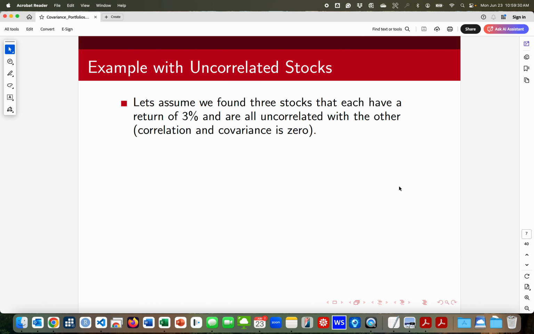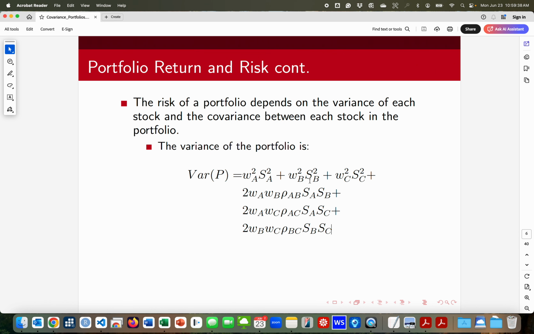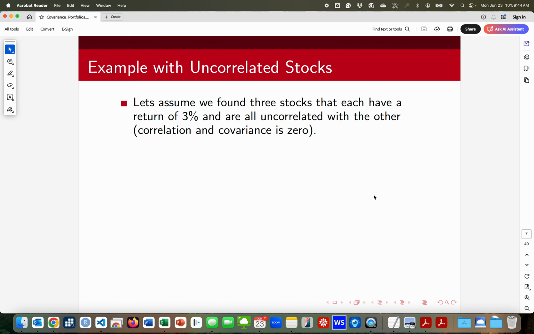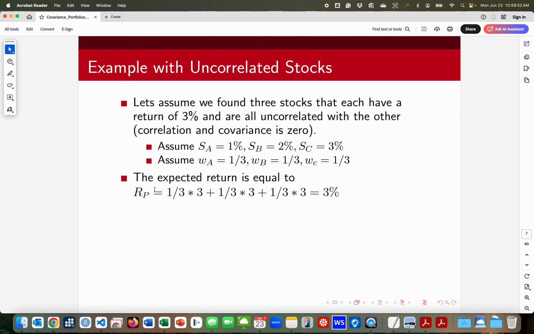So a quick example with uncorrelated stocks here. Let's say we have 3 stocks, they all have a return of 3%, and they're uncorrelated with each other. So we're going to assume all of these covariance terms are 0 because we're assuming all of these rho terms are 0. Okay, so these are the individual standard deviations. Since everything in the portfolio has a return of 3%, the return on the overall portfolio is going to be 3%.